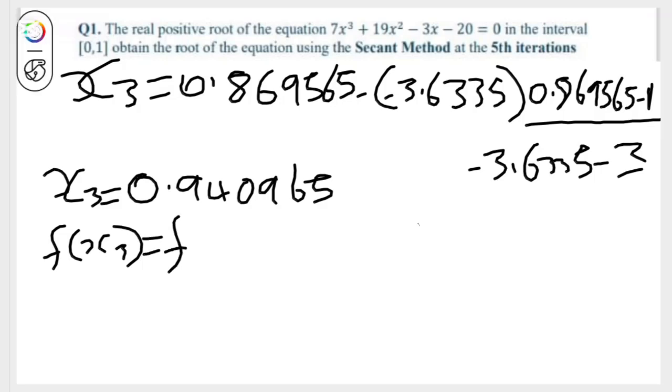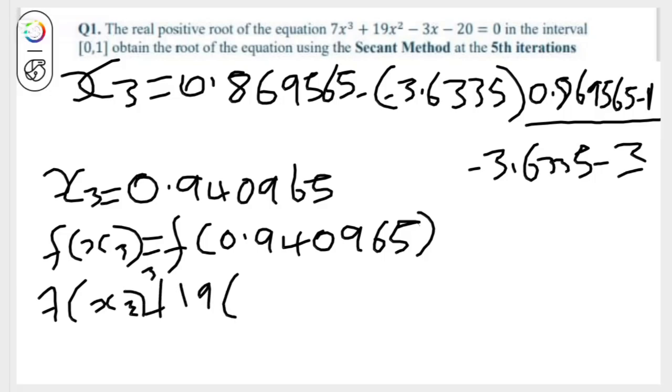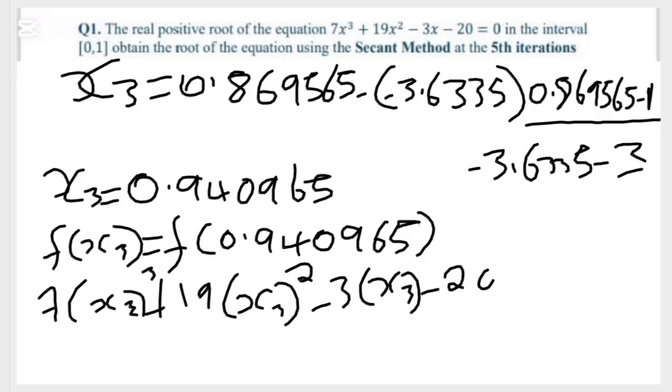So I'm going to find the function of x3 by substituting the value into this equation. This is the same thing as saying 7 multiplied by x3 raised to the power of 3, plus 19 x3 squared, minus 3 x3, minus 20.